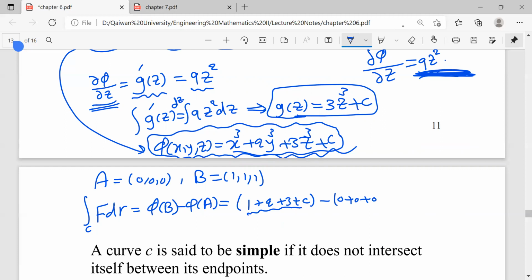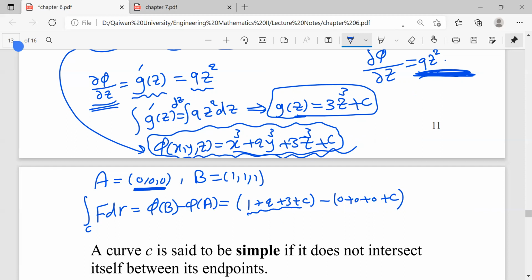Here, this is phi. If you replace x by 1, y by 1, z by 1, what do you get? We get 1 cubed plus 2 times 1 cubed plus 3 times 1 cubed plus c. And if we replace each x, y, and z by 0, this is the initial point, we get 0 plus 0 plus 0 plus c.